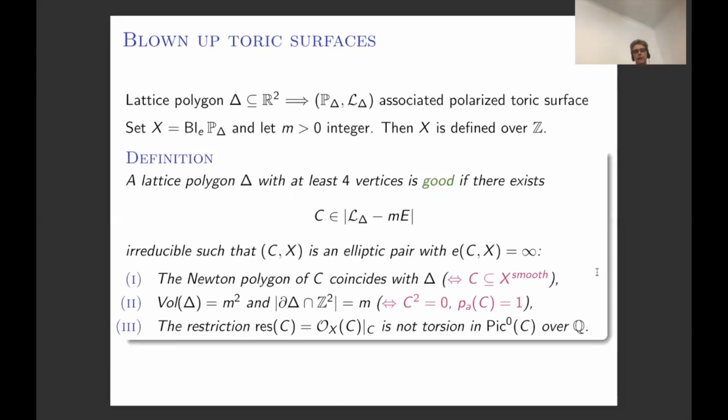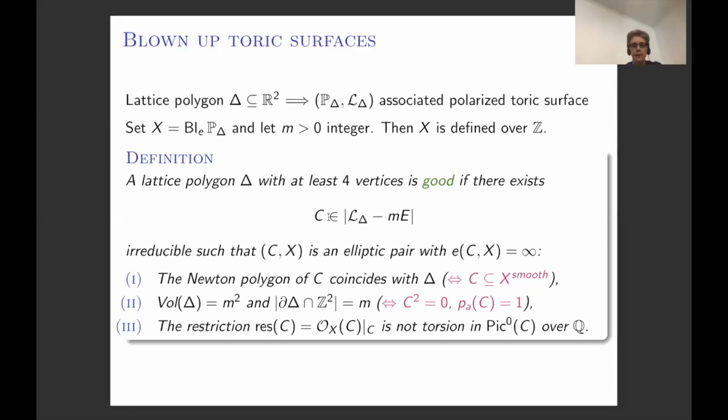So this is a rational surface, and it has toric singularities, so it has log terminal singularities. And the fact that the curve is contained in the smooth locus comes down to the fact that the Newton polygon of C coincides with our polygon delta.